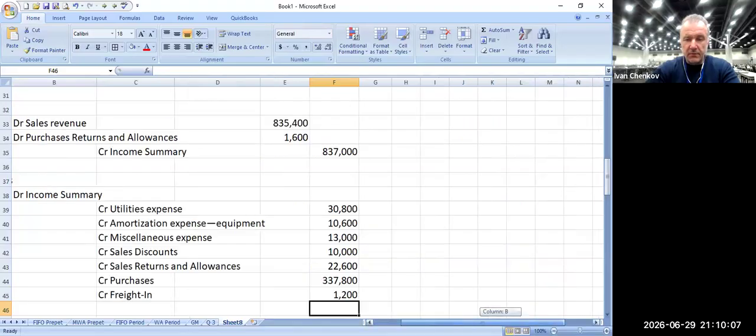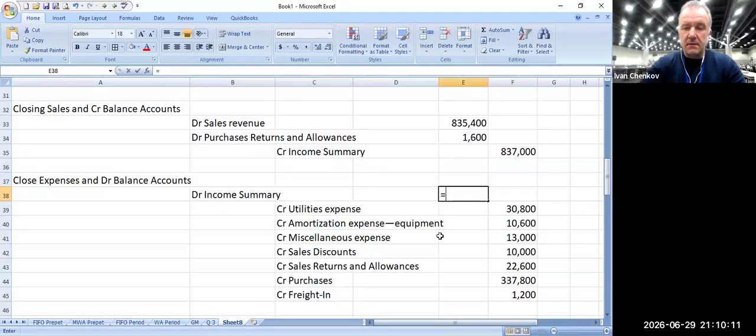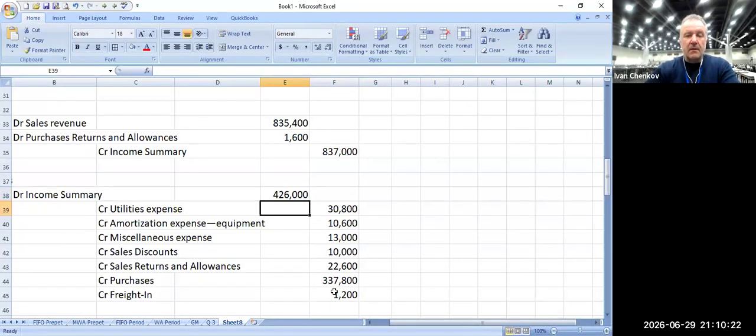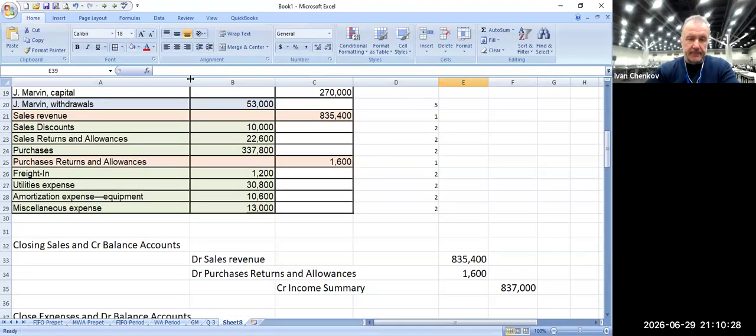So once we get all those accounts, I can get the total debit to income summary. That's going to be the sum of all those accounts. So I have my second entry. Let's keep going.